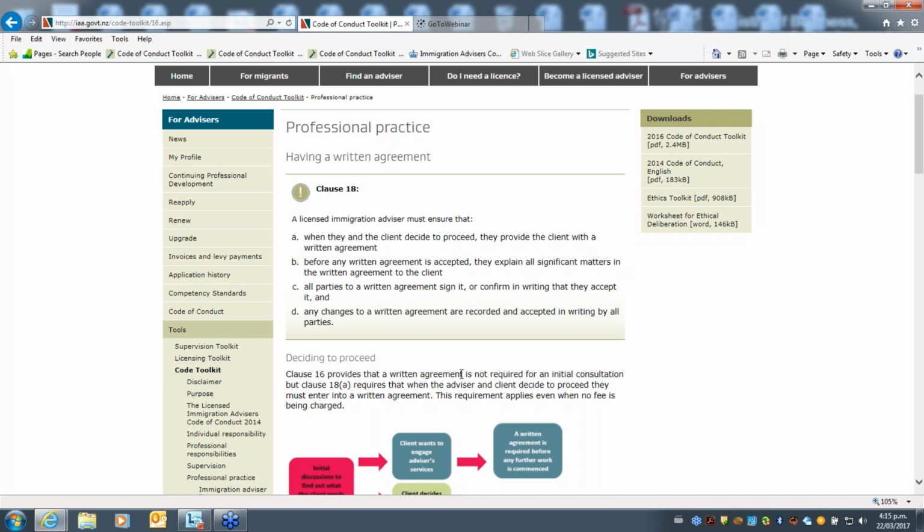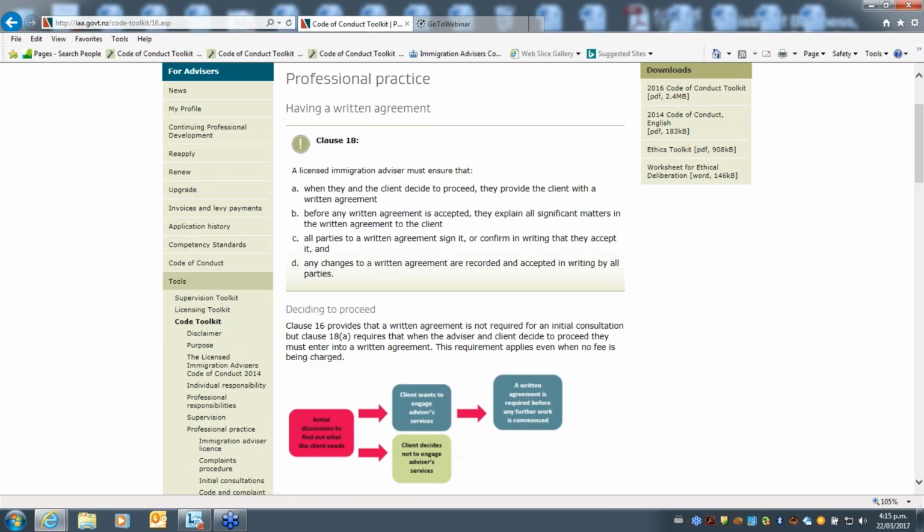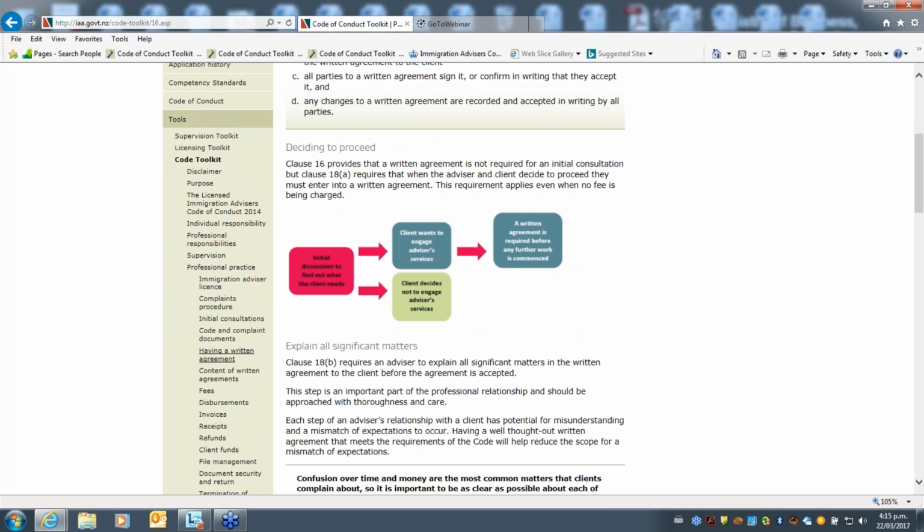So again, in some of the more serious complaints, some of these things may have been missed, particularly changes to the written agreement or explaining it. And from time to time we still see issues with people not having a written agreement. So this is a really basic, important step that you need to make sure happens.